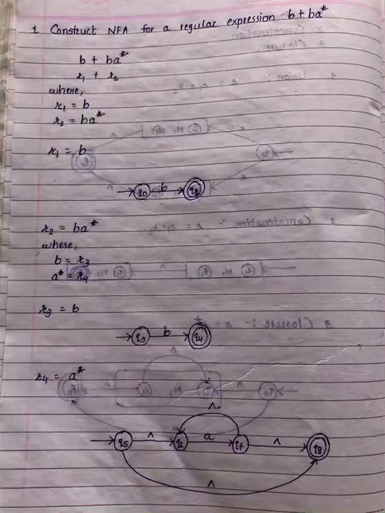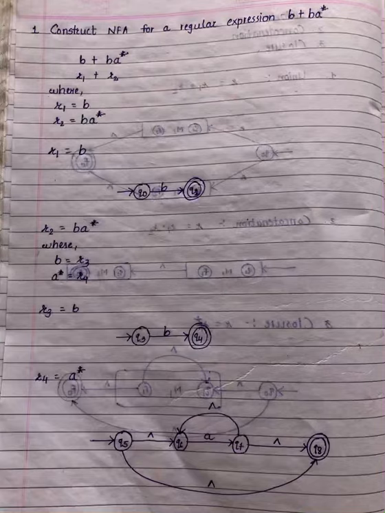Now, for example, construct an NFA for the regular expression b plus ba star. Here we consider b as R1 and ba star as R2. So R1 equal to only b.